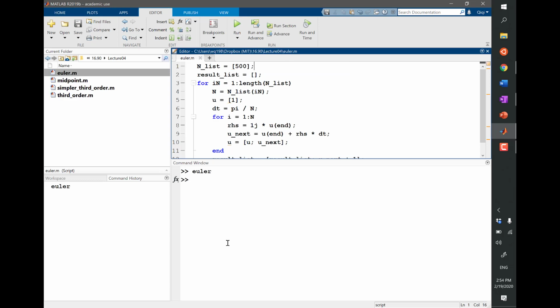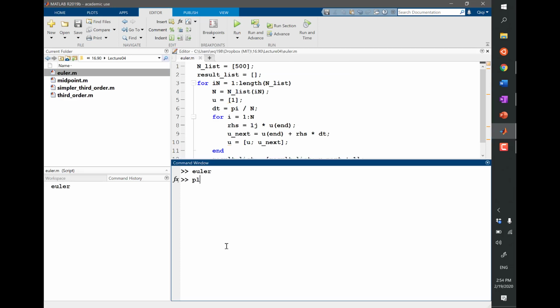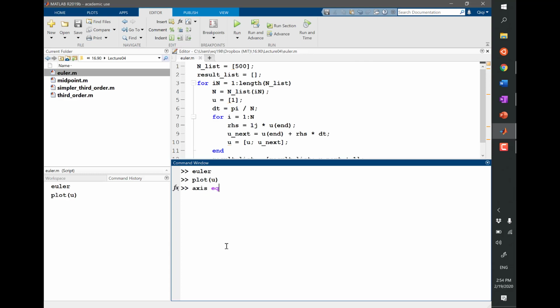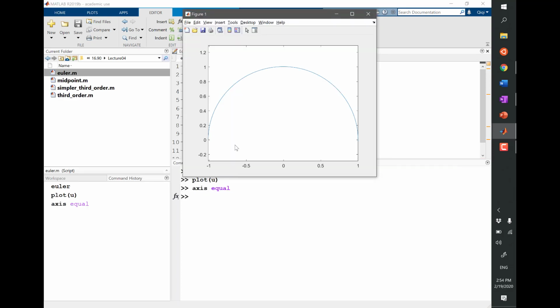If we run it and plot our u with axis equal, what we found is that it goes slightly beyond -1, which means the magnitude has been increasing.